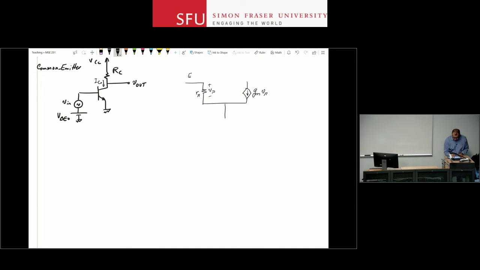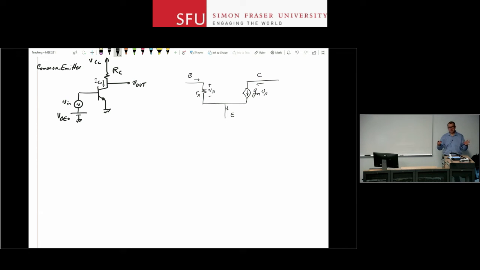The base, emitter, and collector terminals are like this. IC goes in, IE comes out, IB goes in, right? This is an NPN. We saw for PNP, the model is exactly the same. Everything is exactly the same for the small signal model of a PNP device, right? Even the directions of currents are going to be the same. So this is my transistor.